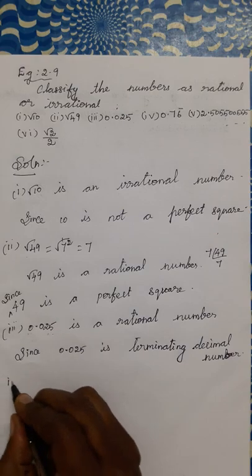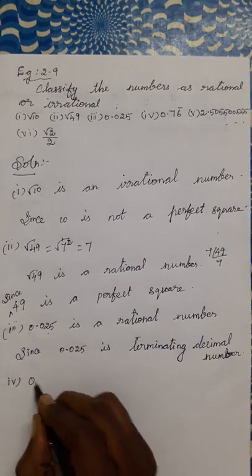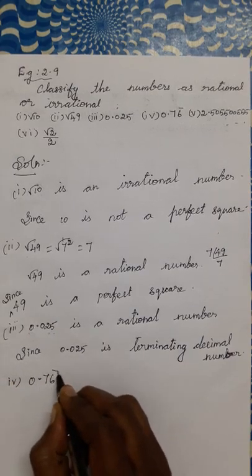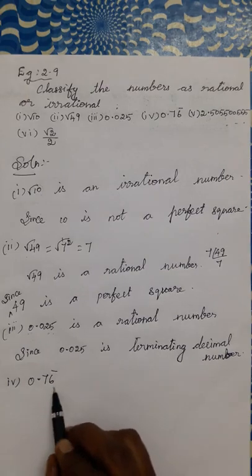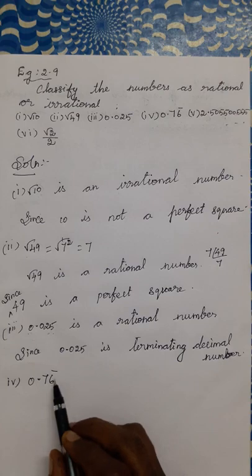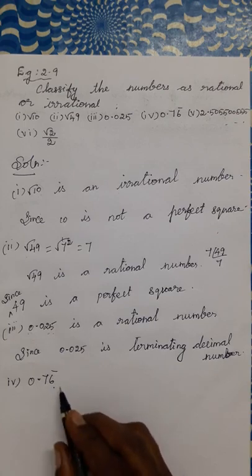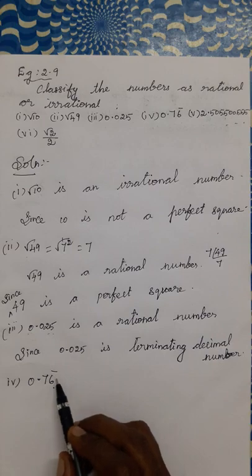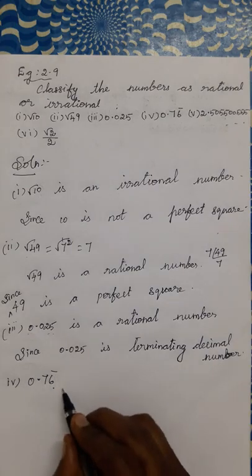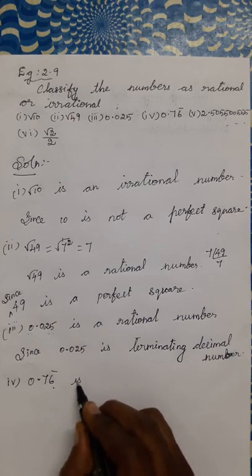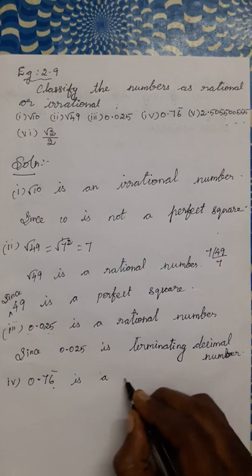Next, fourth question. 0.76 bar. 0.76 bar is non-terminating and recurring. 6 is repeating again and again. So it is a non-terminating and recurring decimal number. Therefore, 0.76 bar is a rational number.